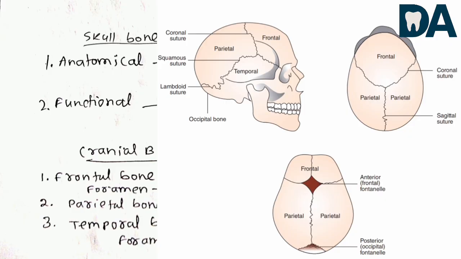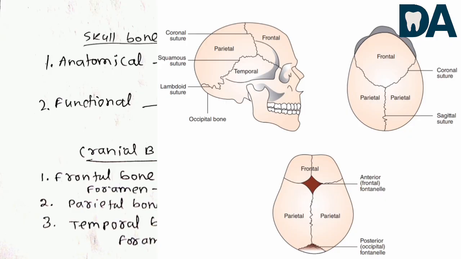The bones of the skull roof are separated by regions of dense connective tissue called fontanelles during birth. They are 6 in number and are fibrous and movable.